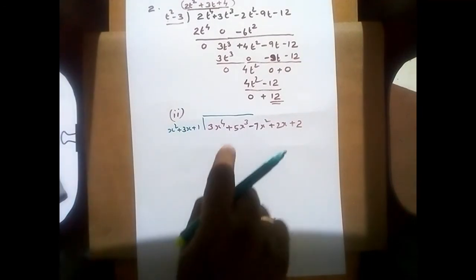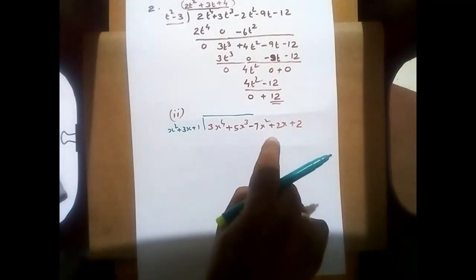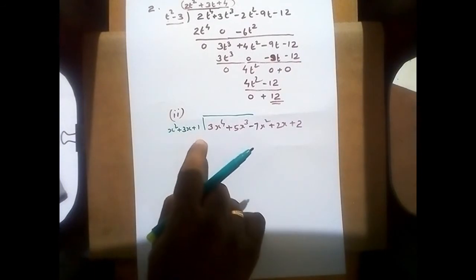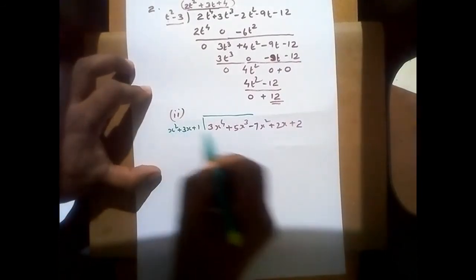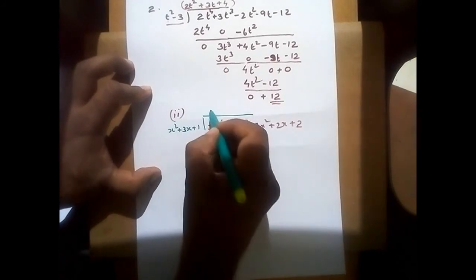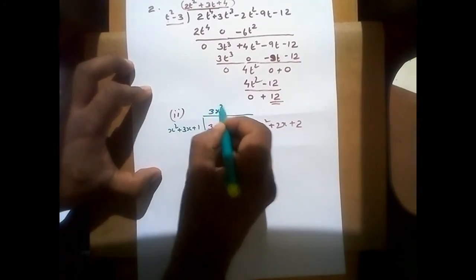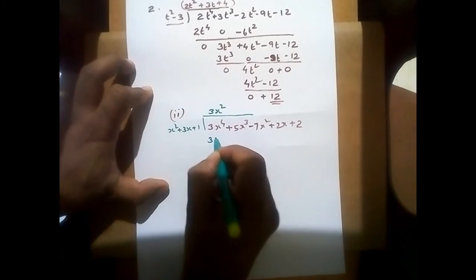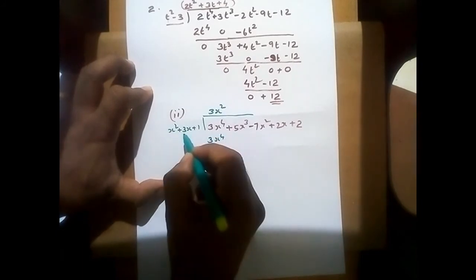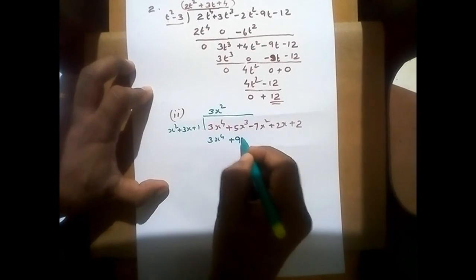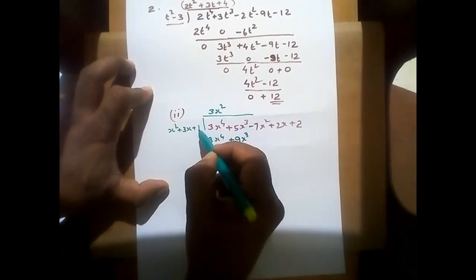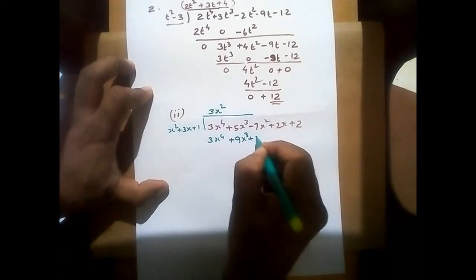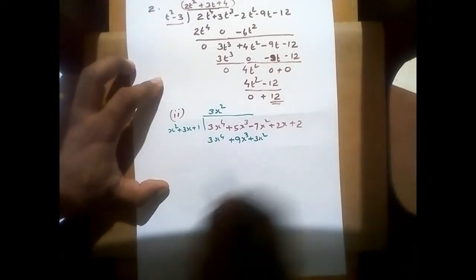Here x square, here 3x raised to 4, so we have to multiply by 3x square. 3x square into x square is 3x raised to 4, 3x square into 3x is 9x cube, so plus 9x cube, and 3x square into 1 is 3x square, so plus 3x square here.